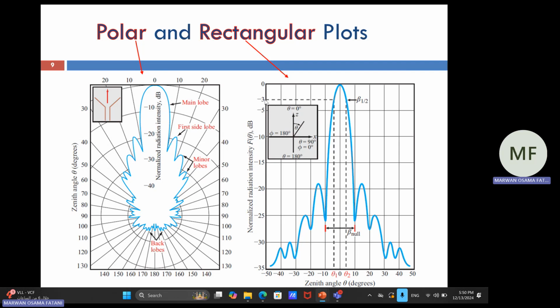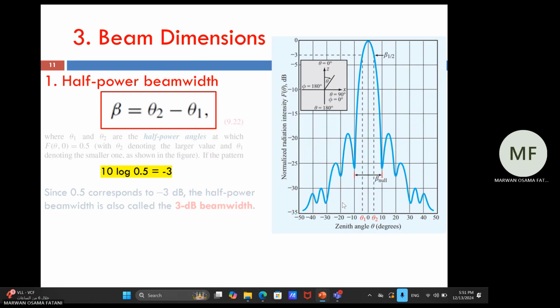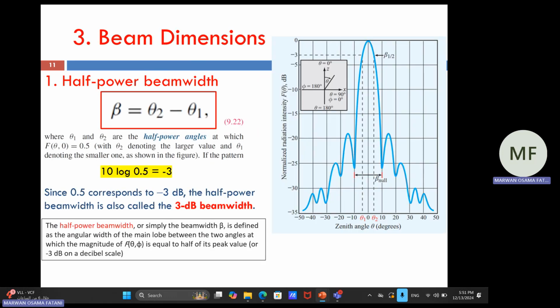Now, you noticed something in here, which is beta 1/2 at exactly -3, and the small lines coming down with theta 1 and theta 2. We're going to explain that in a bit. So we have something called the half power beam width, which is beta equal to theta 2 minus theta 1. The half power beam width is the angle between two directions where the power drops to half its maximum value.